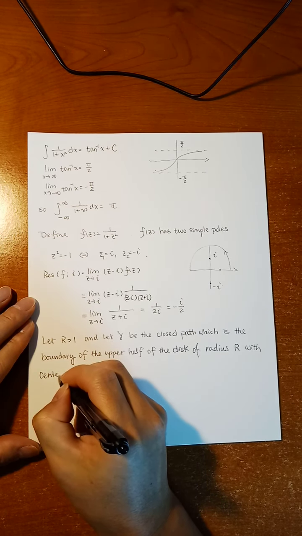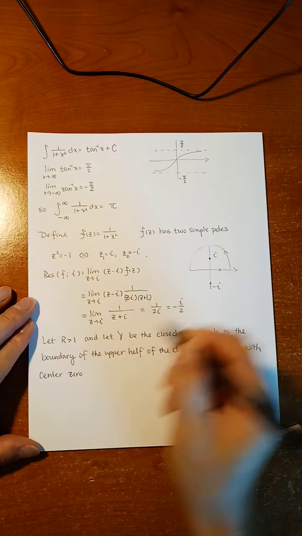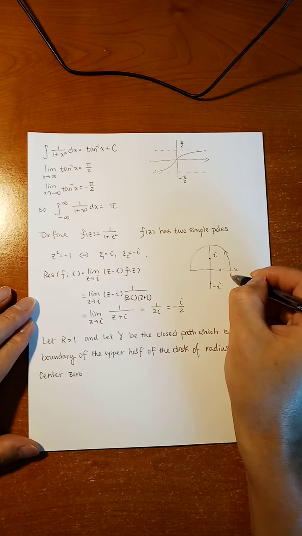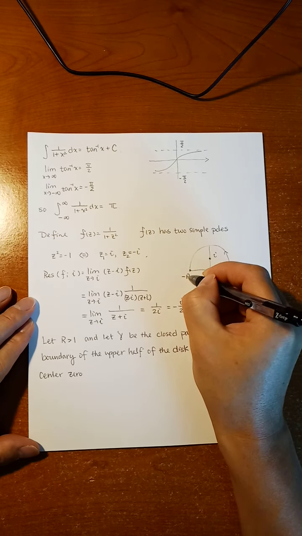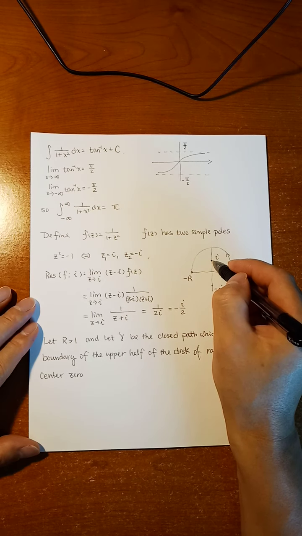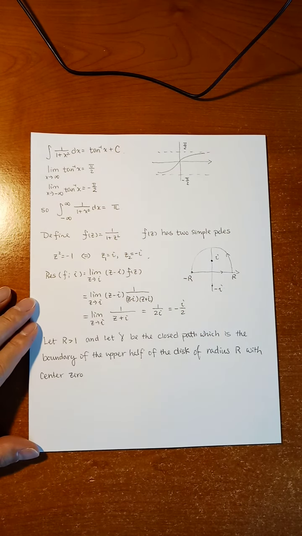So it's a long sentence. Basically we get the upper semicircle, together with this piece on the axis, from negative r to r. Since r is greater than 1, this whole path will enclose this i.